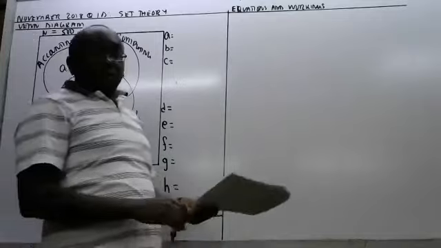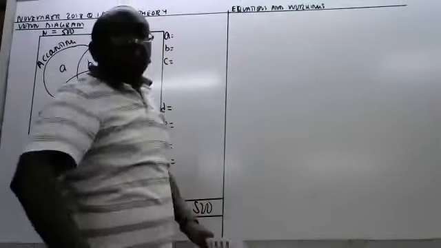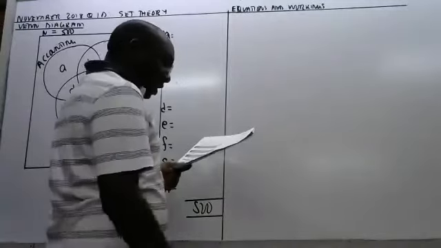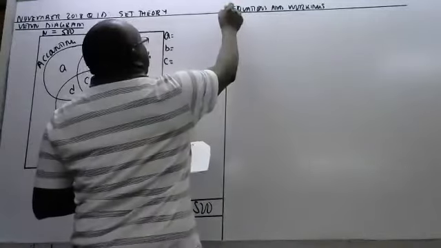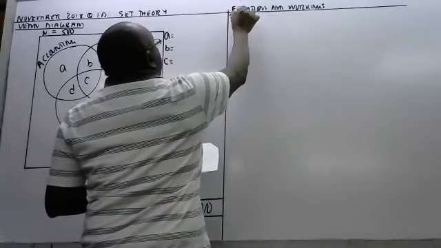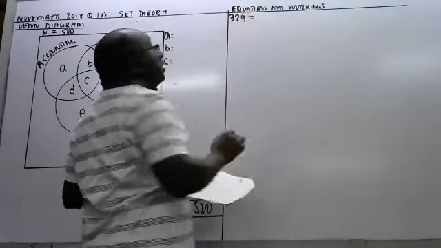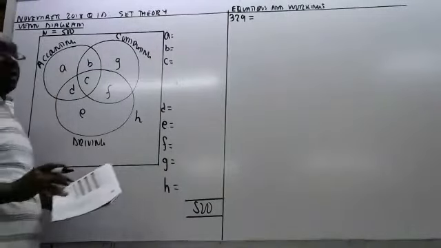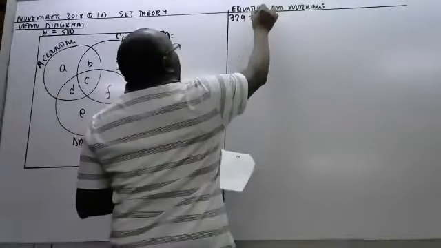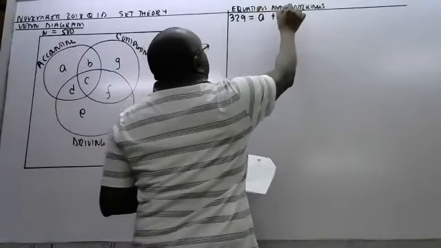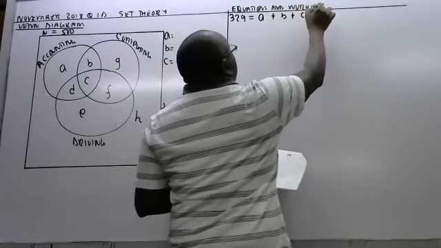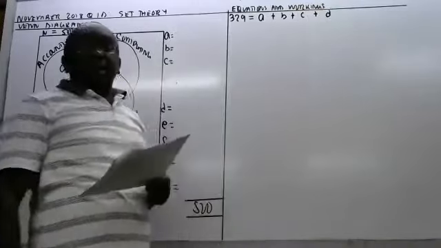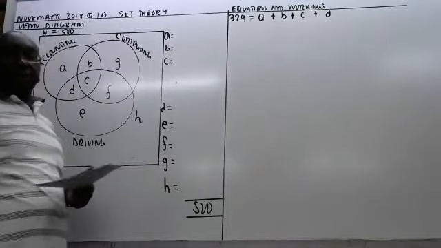So for these equations, we are told 329 were undertaking accounting. So you say 329 is equal to everyone who is inside accounting. Those who are inside accounting are A plus B plus C plus D. That is everyone who is inside accounting.